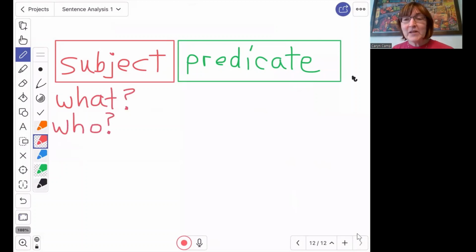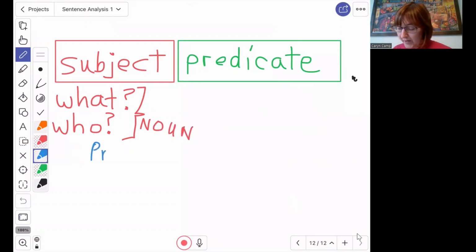And remember, if a question begins with what or who, your answer is going to be a noun, or you can use a pronoun to take the place of the noun, as long as you have given us a clue before about who that pronoun is talking about.